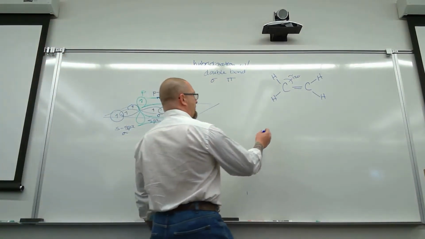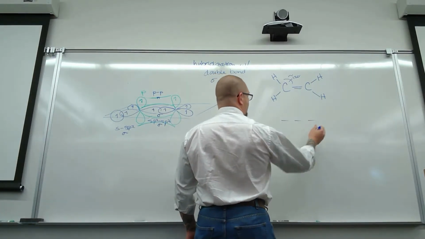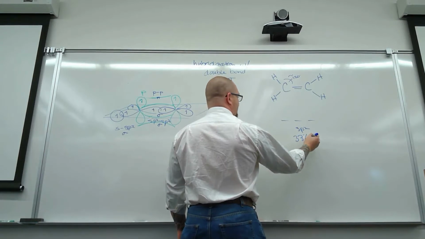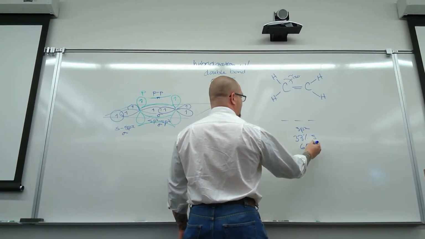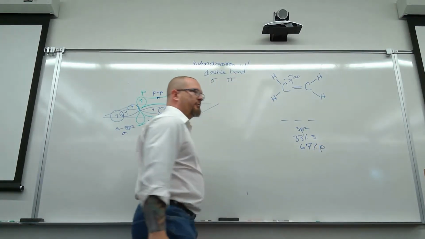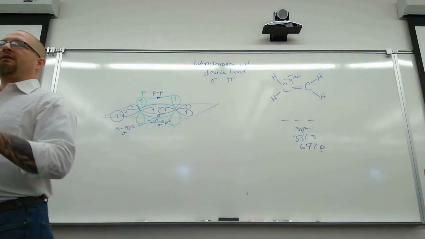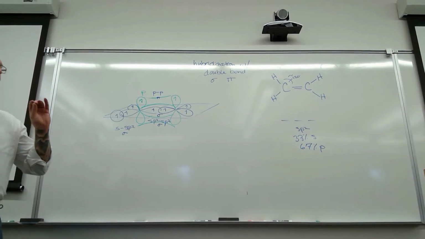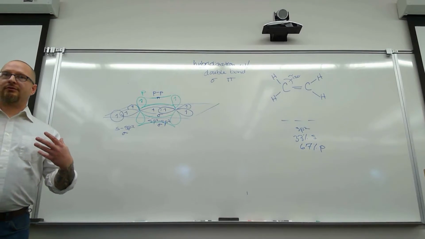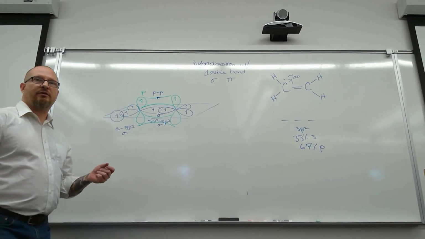Oh, remember, because we only have 3 sp2s, this now has 33% s character and is 67% p character. Meaning sp2 bonds have more s character than sp3s.